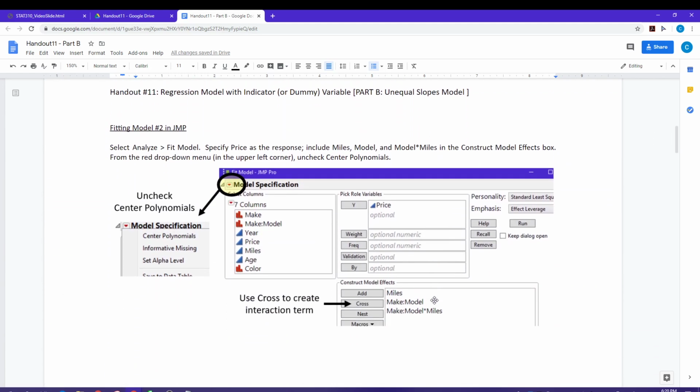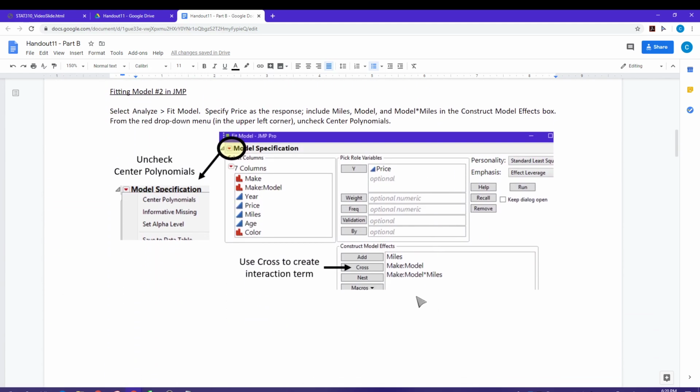How do I fit this model in JMP then? Well, there's two things that have to be done here in addition to what we've done before. The first is to get that interaction term in the model, and you can see that down here. We do that with the cross. So I'm going to need to use the cross button there under Construct Model Effects.